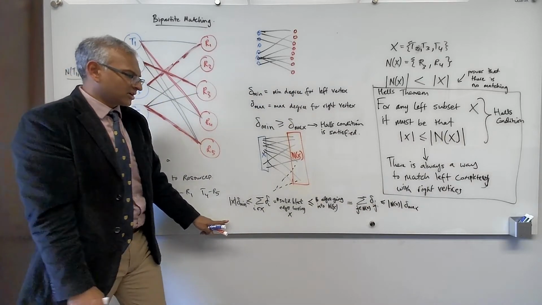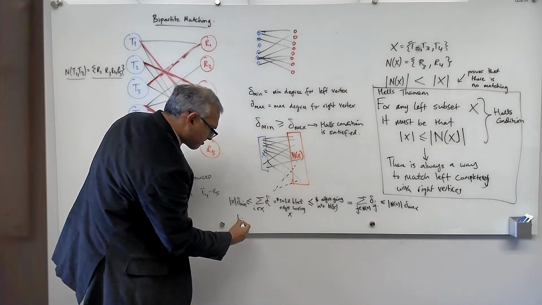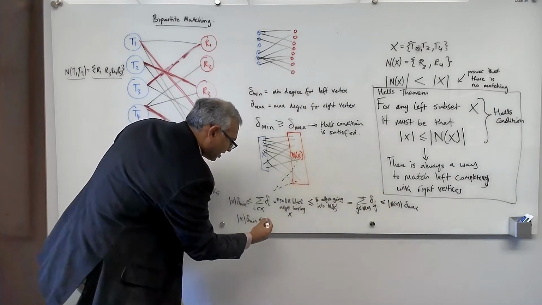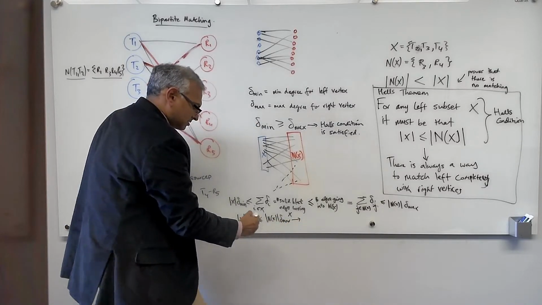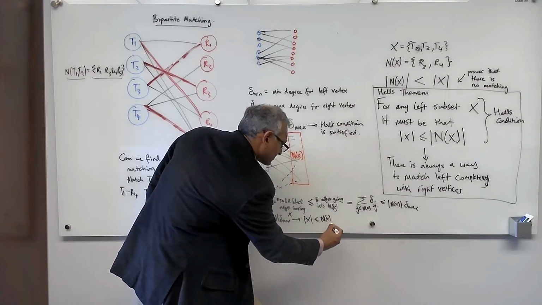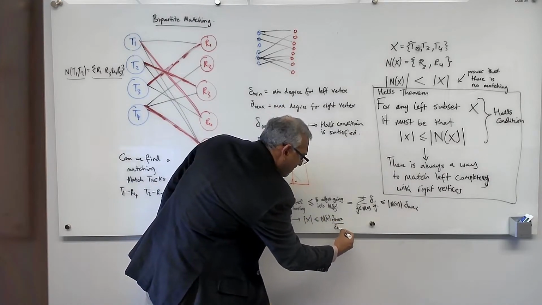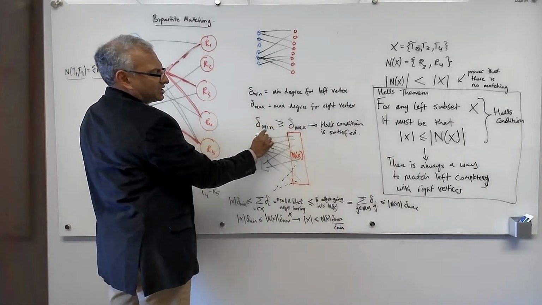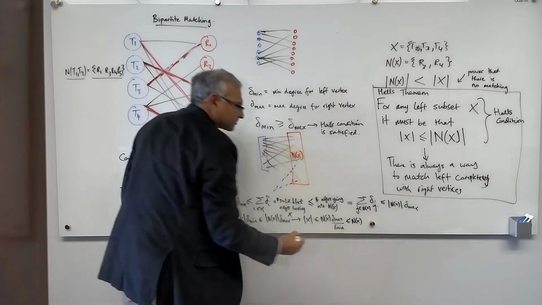So if I compare, I see that the size of X times delta min is at most the size of N of X times delta max, which means that the size of X is at most the size of N of X times delta max over delta min. But delta max over delta min is less than or equal to 1, because delta max is less than or equal to delta min. So the size of X is at most the size of N of X.